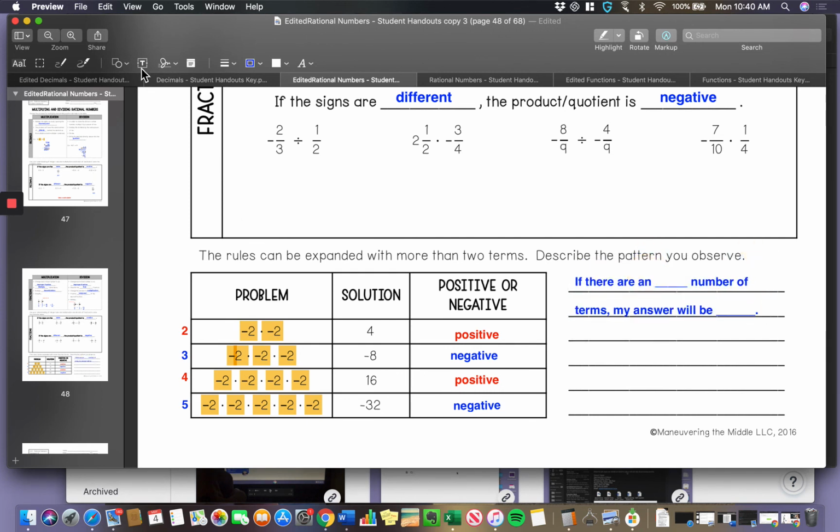And on the other side of that, if there are an blank number of terms, my answer will be blank.